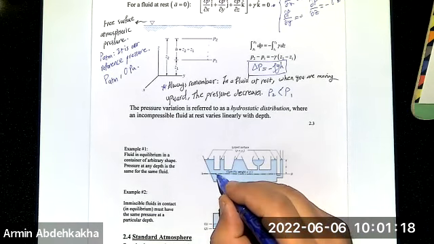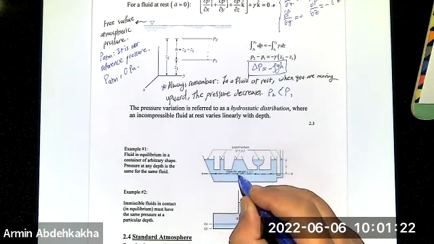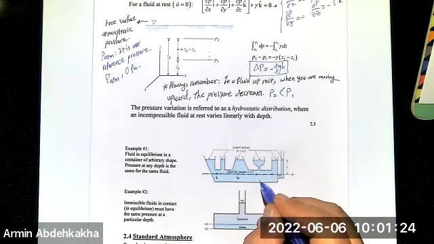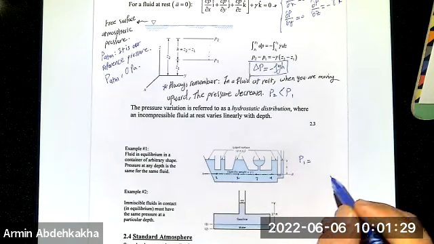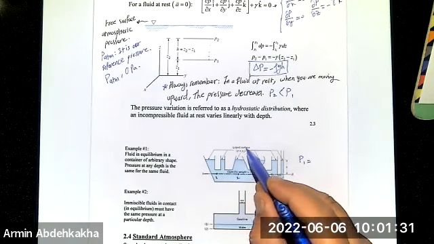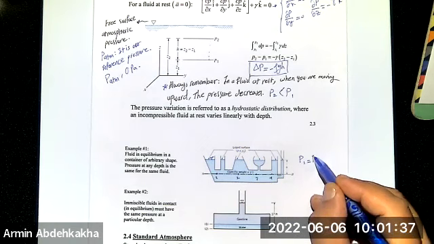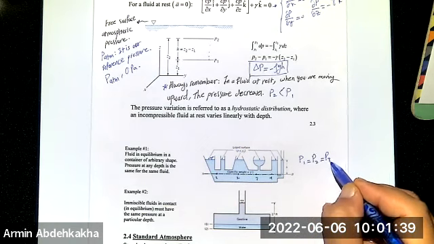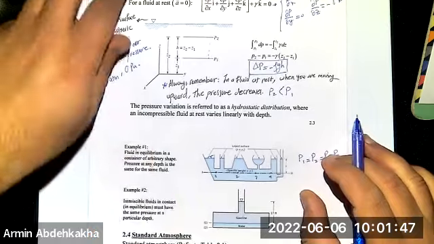If this is 0.1, if this is 0.2, 0.3, or maybe 0.4, 1, 2, 3, 4, all these pressures that are at the same depth versus the atmospheric reference, which is here, have the same pressure. Okay, that's the first rule that you have to remember.